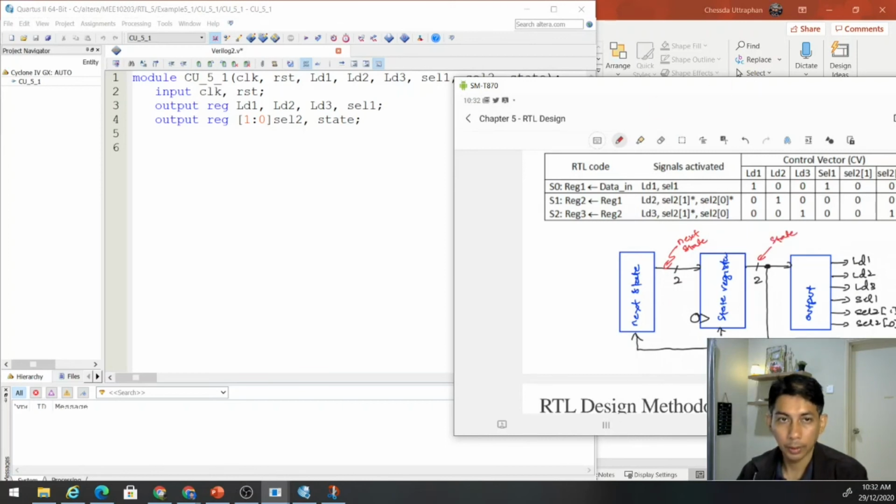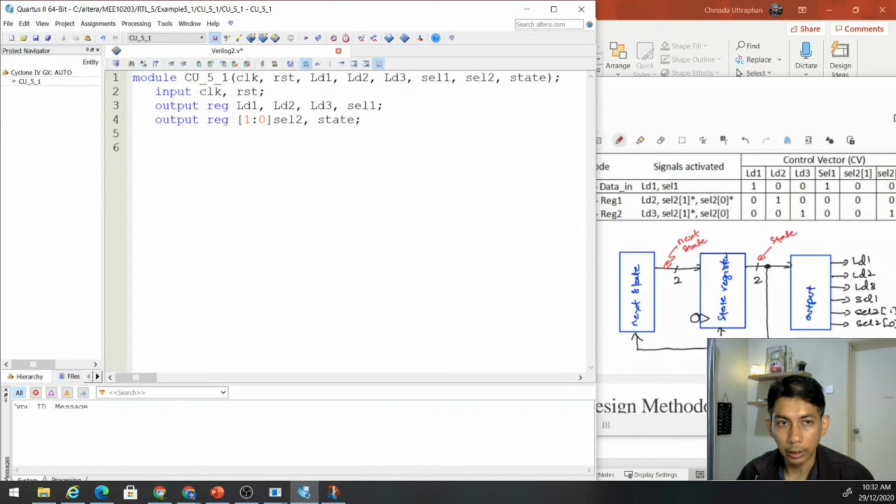All right, so in here we need to have this signal, and the size is 2-bit, and it is in the reg data type. Next state, yeah. And this one, state, is declared here already, so should be no problem.